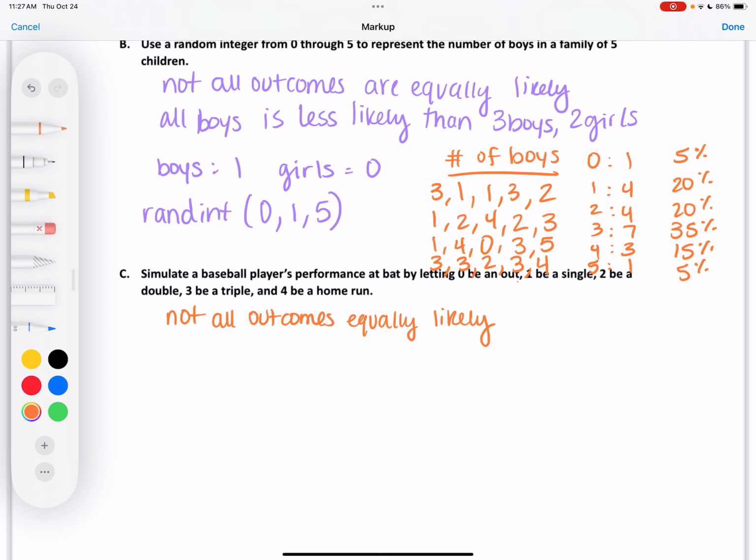And so essentially they would have to tell us the probability of each outcome before we could run a simulation.